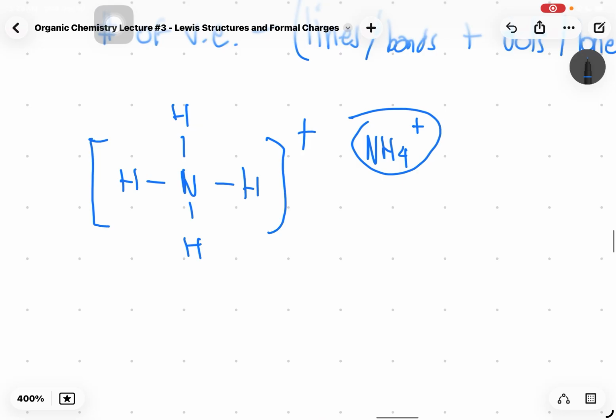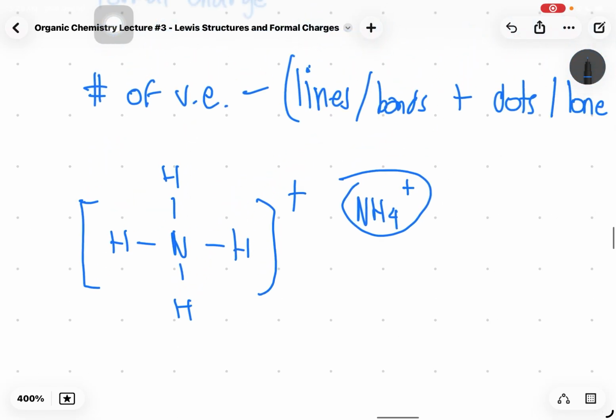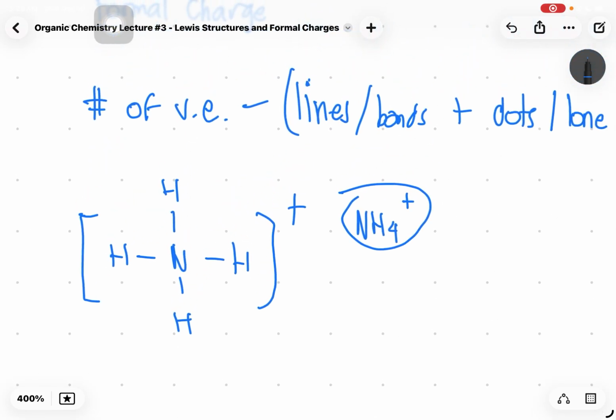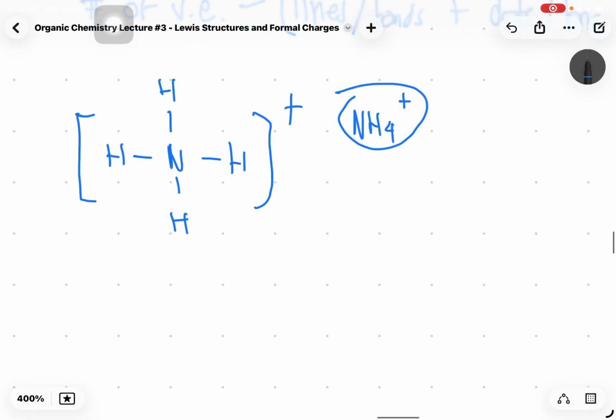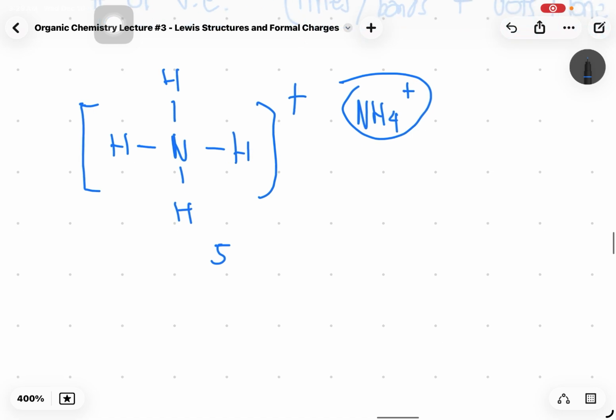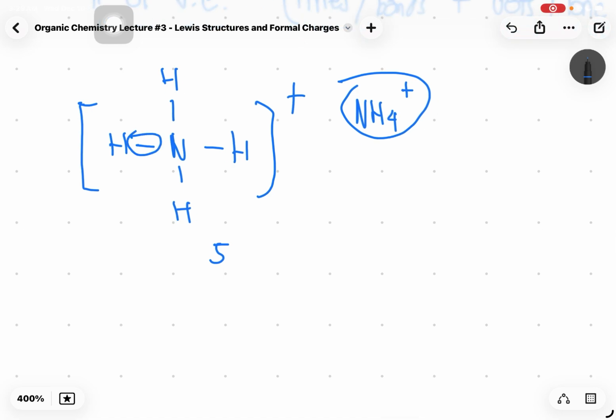Now, let's find the formal charge of the nitrogen. So, what is nitrogen's valence electrons? Nitrogen has 5 valence electrons, so it's 5. Then we count how many lines are around it. 1, 2, 3, 4. So it's 5 minus 4. No lone pairs in sight, meaning our formal charge should be plus 1.